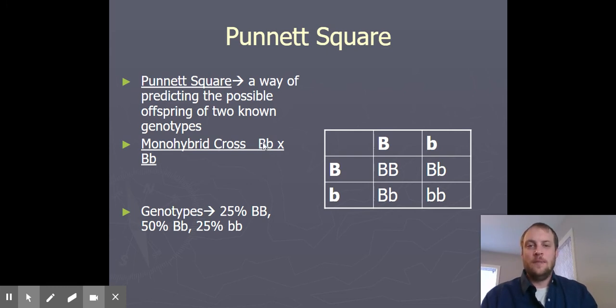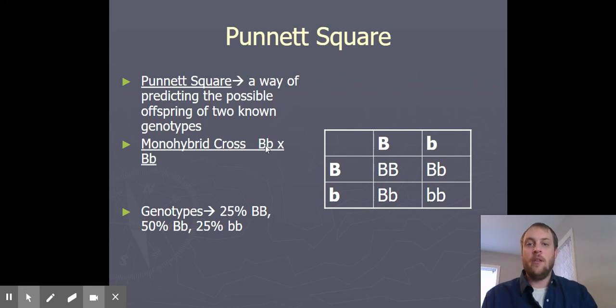In this example, and we'll have plenty of practice with these moving forward, one parent has a heterozygous genotype, big B, little b, and the other parent has a heterozygous genotype, big B, little b.